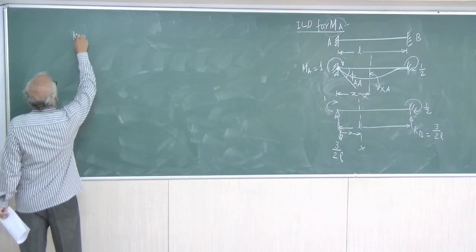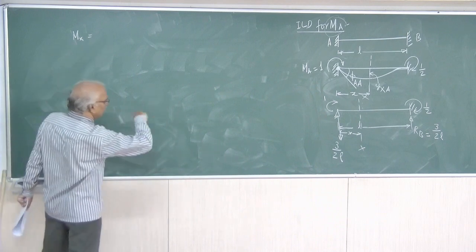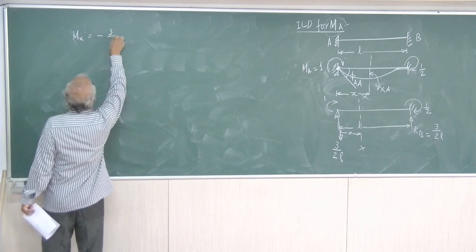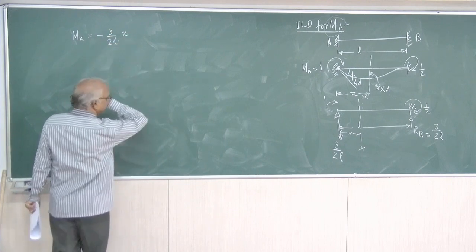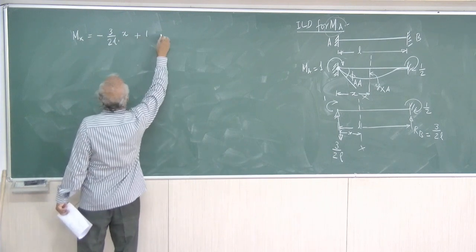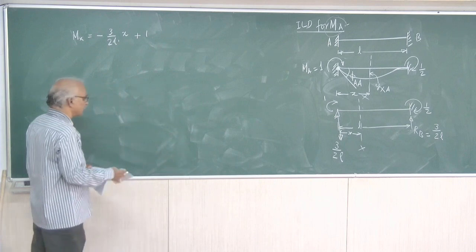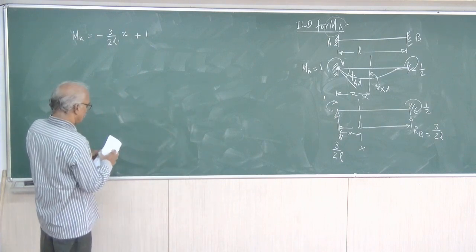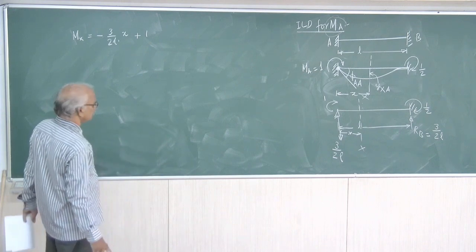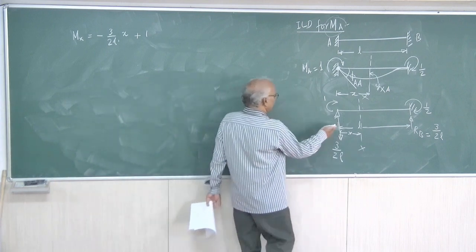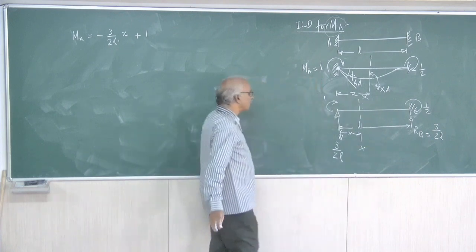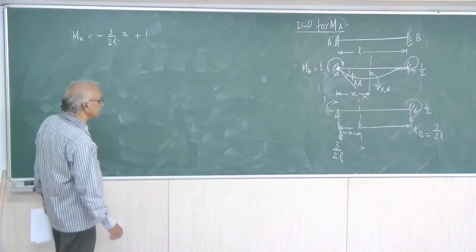Mx equal to 3 by 2L into x minus 3 by 2L into x plus 1. That is the equation. So, you got one reaction and one moment. At this point, minus 3 by 2L into x plus 1, that is a moment. That is equal to Mx.